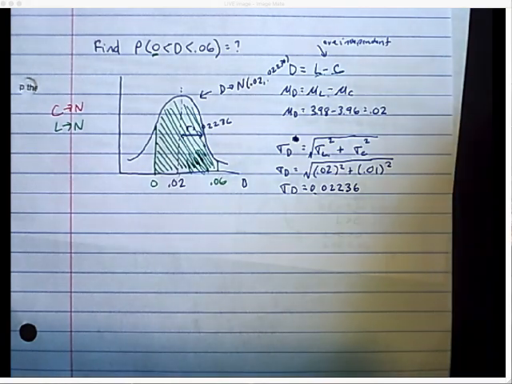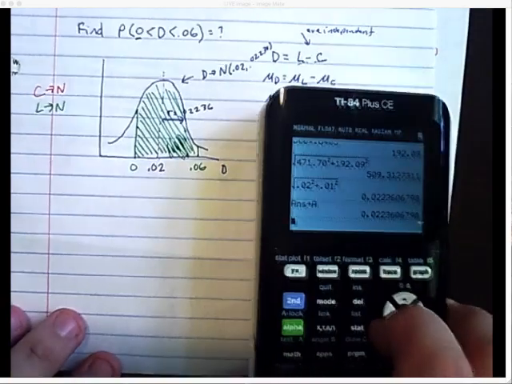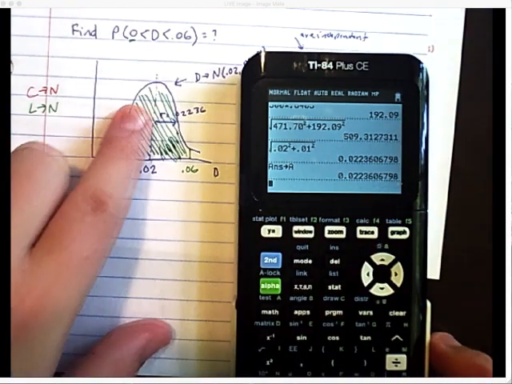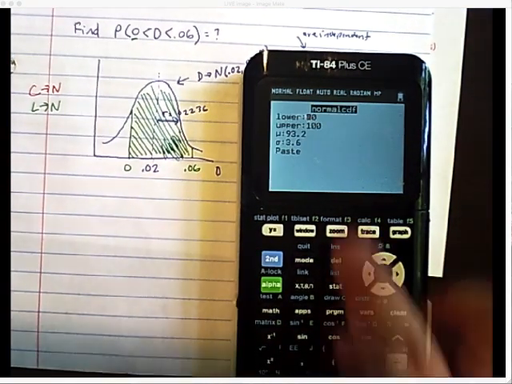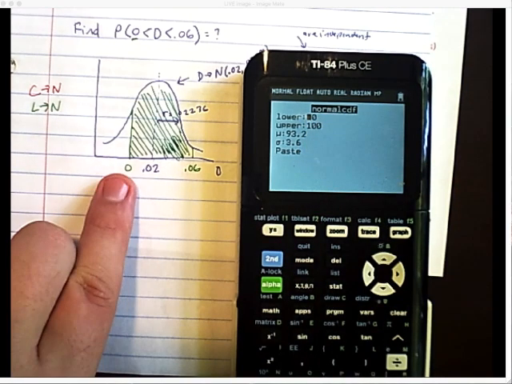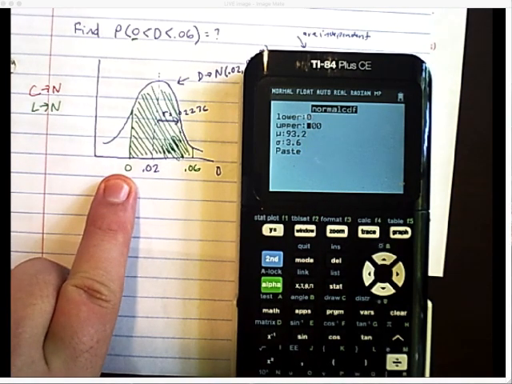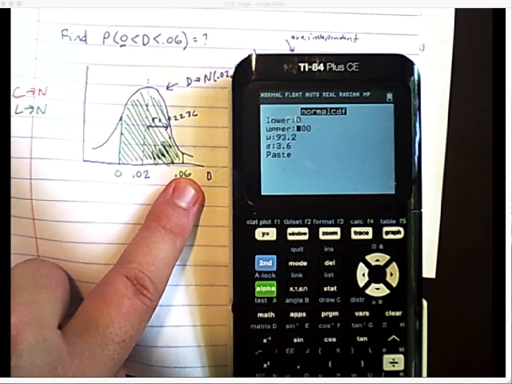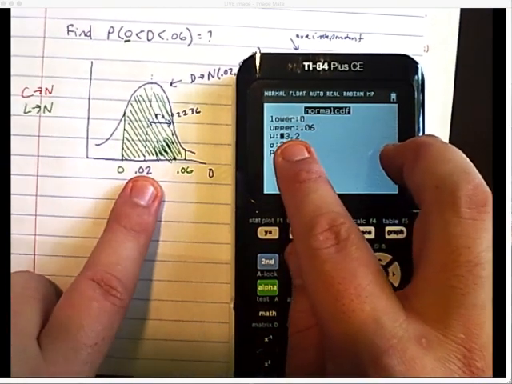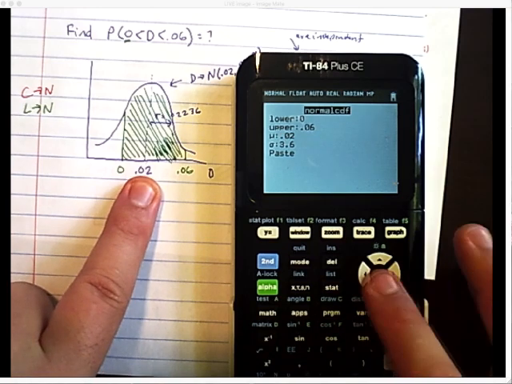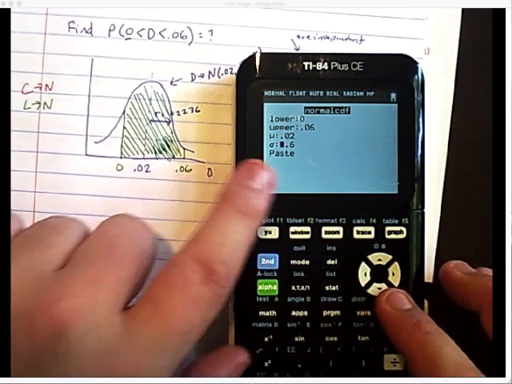All right. So here's how I'm going to do it on the calculator. This is a normal curve. So I'm going to go to my normal CDF. What's the lower boundary? 0. What's the upper boundary? 0.06. Okay, what's the mean of this distribution? It's 0.02. What's the standard deviation?